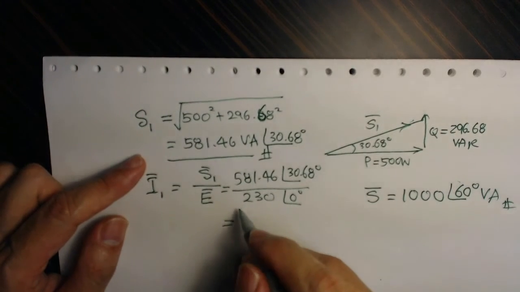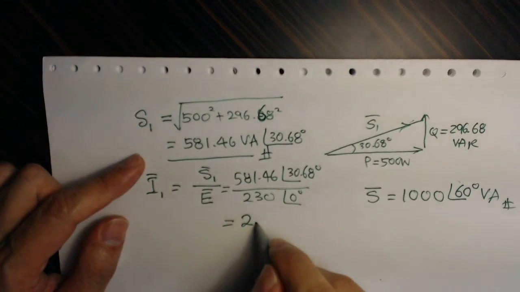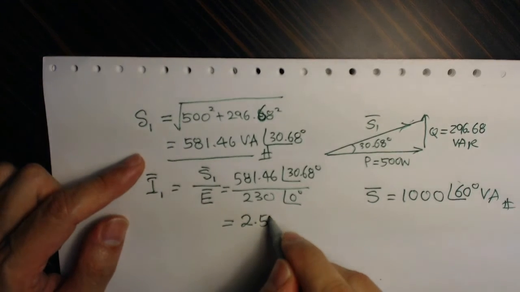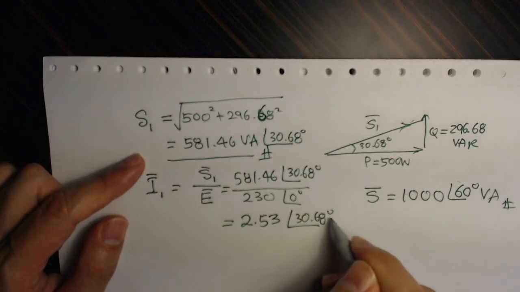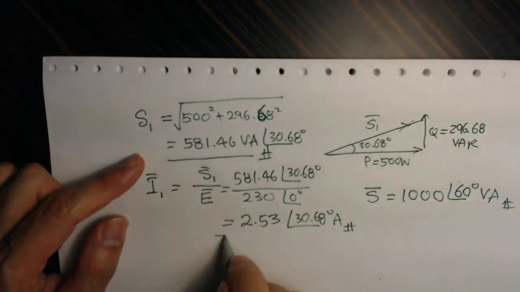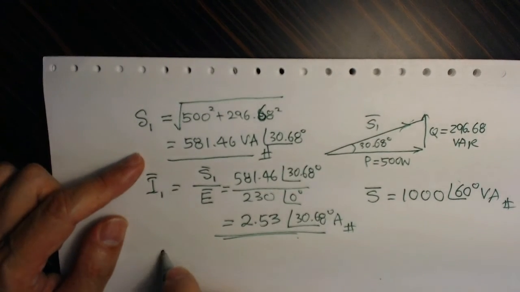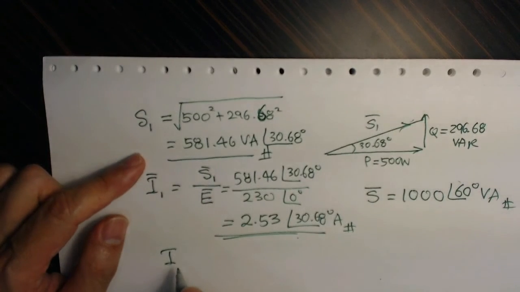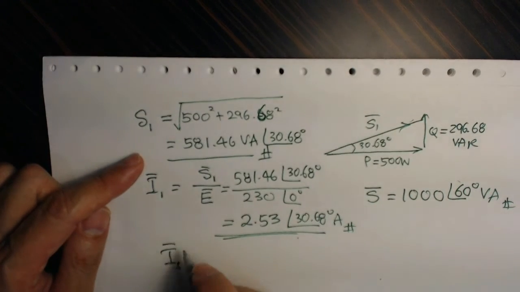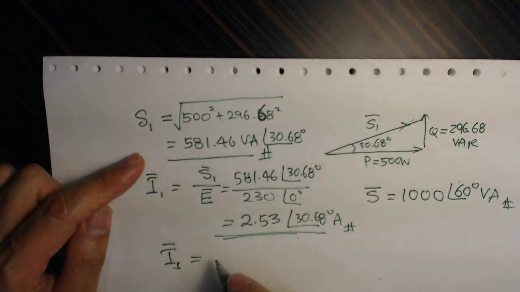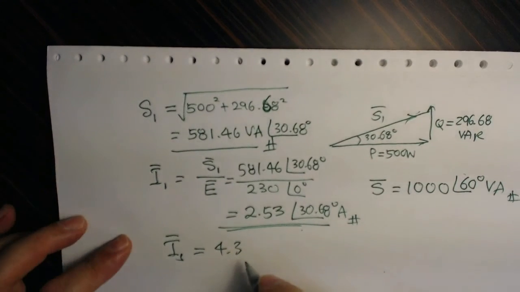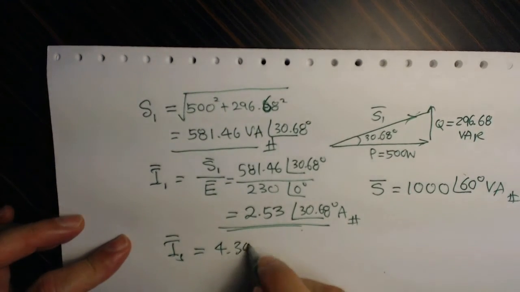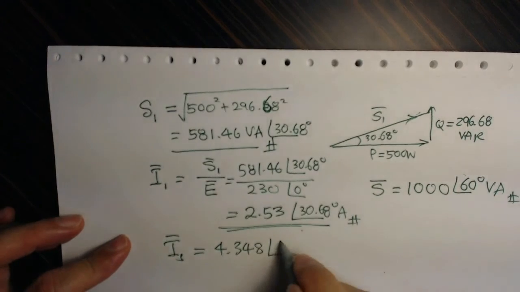So that gives me a new source current value of 2.53 at an angle of 30.68 degrees ampere. Right, compare this with the original I source, which we calculated at 4.348 at an angle of 60 degrees.